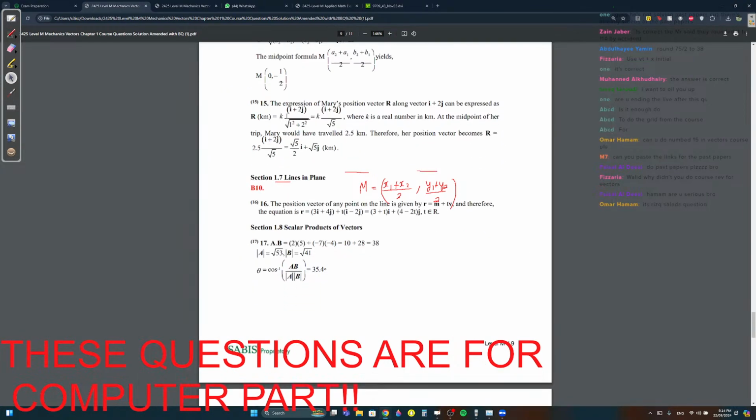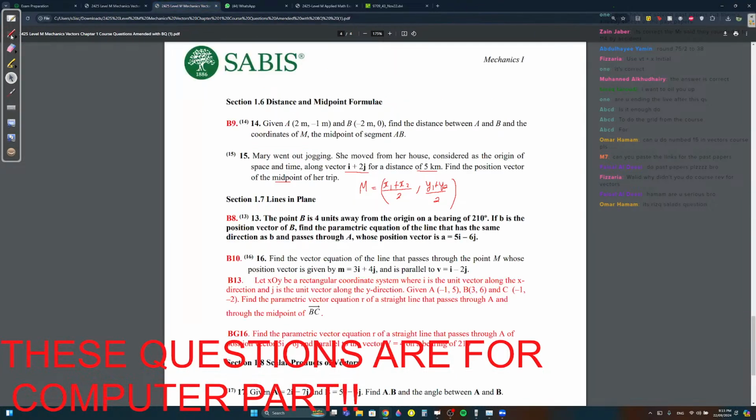Okay, vector R along I plus 2j. It's a scalar multiple, K is a real number in kilometers. At the midpoint of her trip, Mary would have traveled 2.5 kilometers. Therefore, her position. Oh yeah, it's the unit vector. Oh right, I remember this.